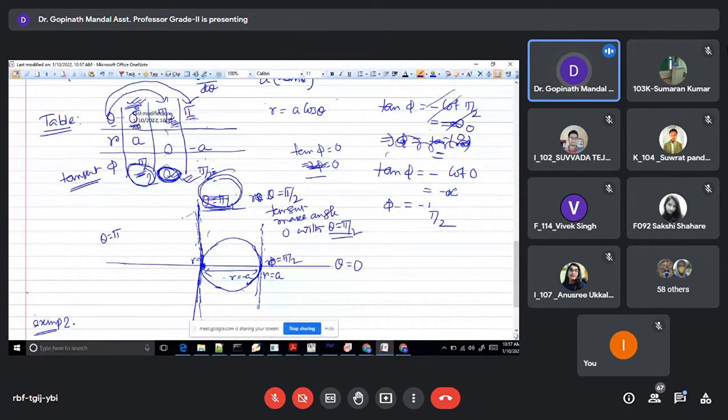For theta equal to pi by 2, phi equal to 0, that means tangent makes an angle 0 with theta equal to pi by 2. And at theta equal to pi, phi value is pi by 2. That means tangent makes an angle pi by 2 with theta equal to pi.